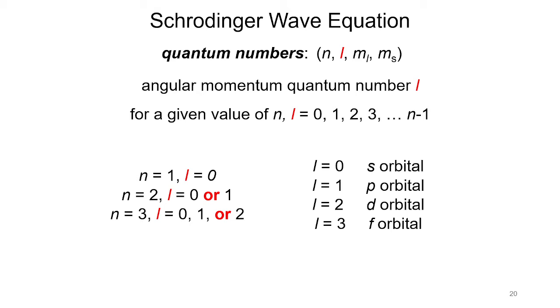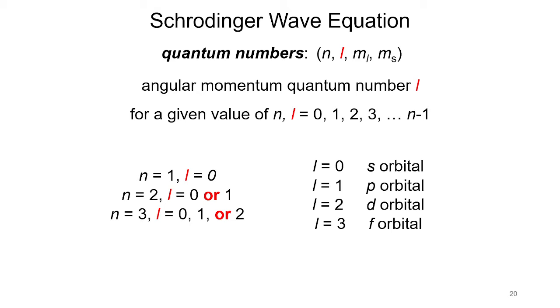For the principal quantum number 2, which has 0 and 1, we have the s and p orbitals. And for principal quantum number 3, we have an s orbital, a p orbital, and a d orbital.